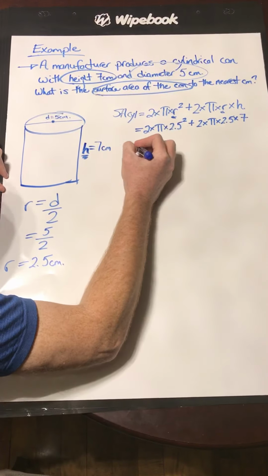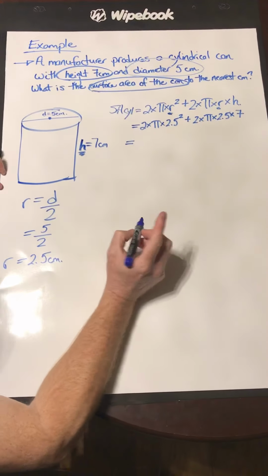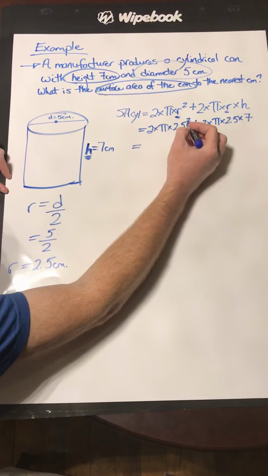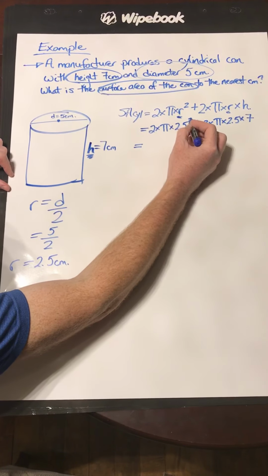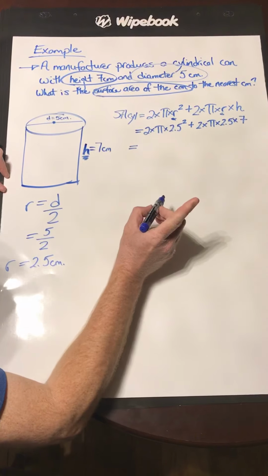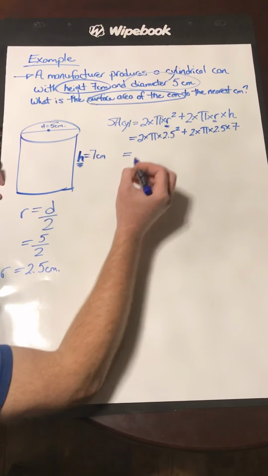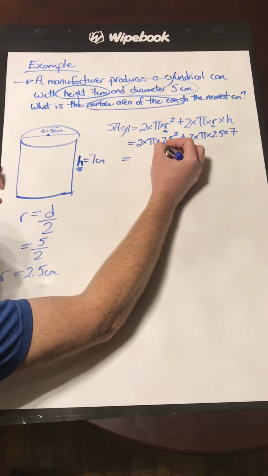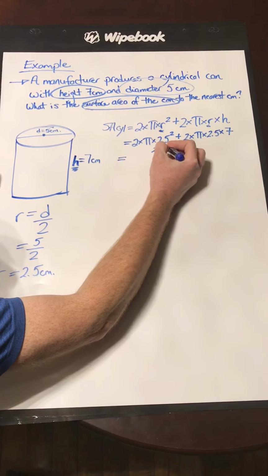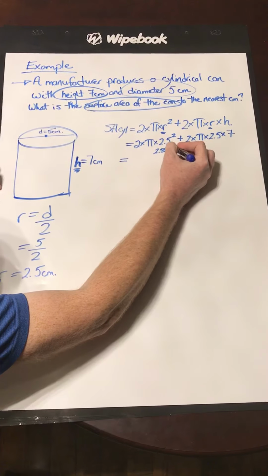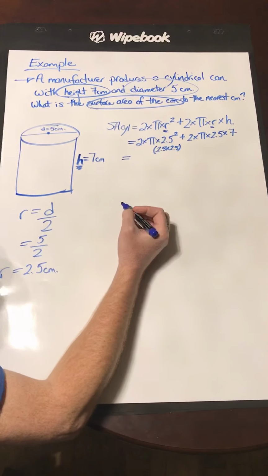And I'm going to go ahead and solve here. Now we have to be careful because we have to know that this is 2.5 squared, not 2.5 times 2, but 2.5 squared, which is, if you need to write it out please, 2.5 times 2.5.